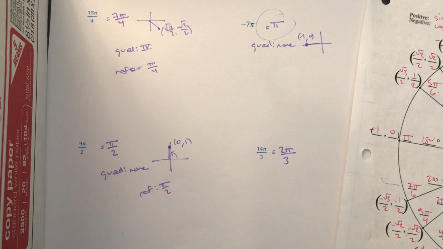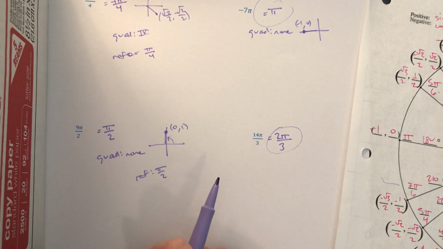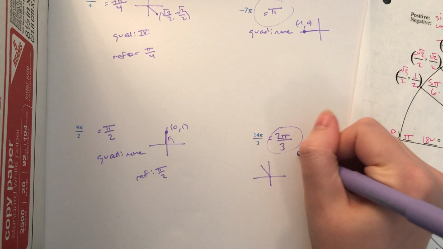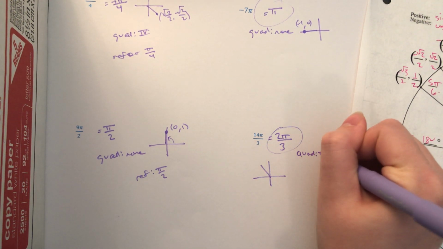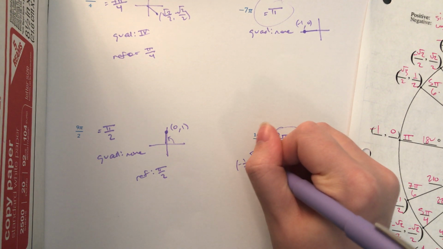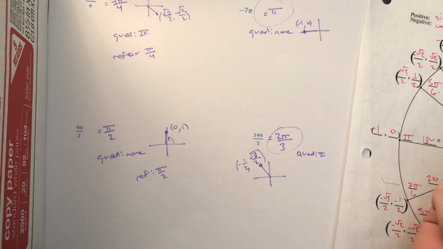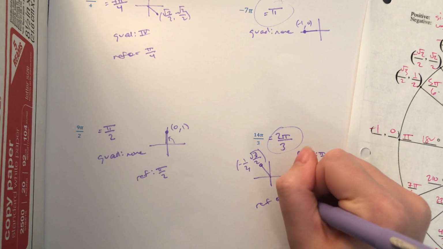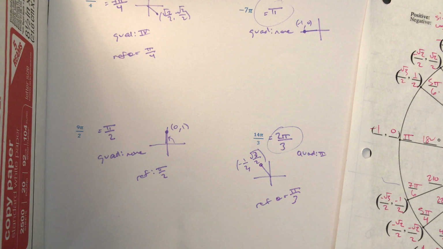And so then you just go through and fill in all your trig values from 2 pi over 3 because they're the same thing. So 2 pi over 3 is in quadrant 2. The terminal point is -1/2, √3/2. And the reference angle is pi over 3. And then you can go through and use your chart for all your trig functions.